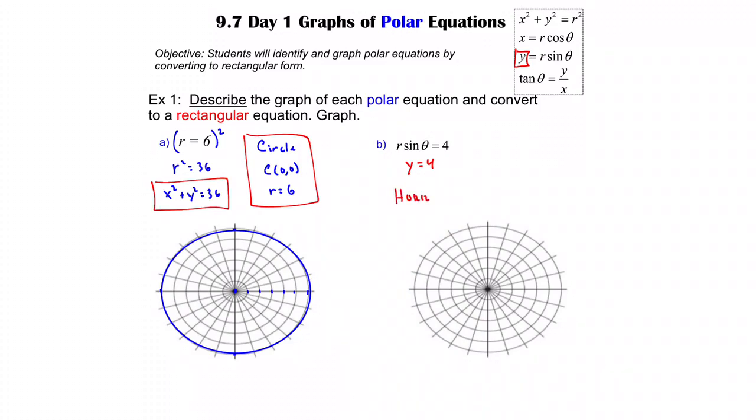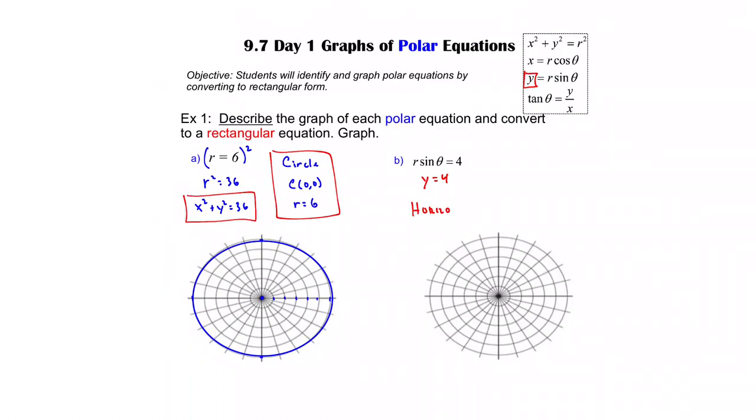We know it is a horizontal line going through y equals 4, so 1, 2, 3, 4. Then we will graph that line. And once again, here's your equation in rectangular form. Here is the description and then the graph itself.